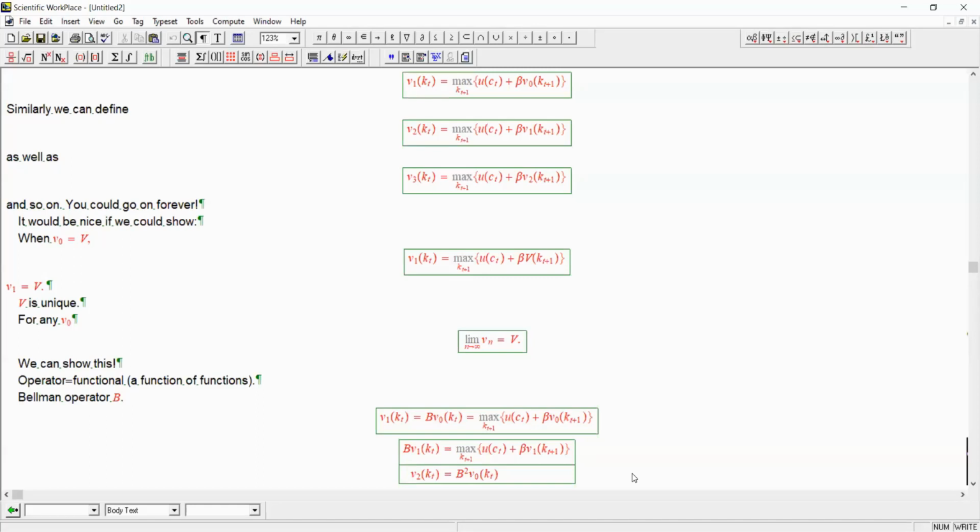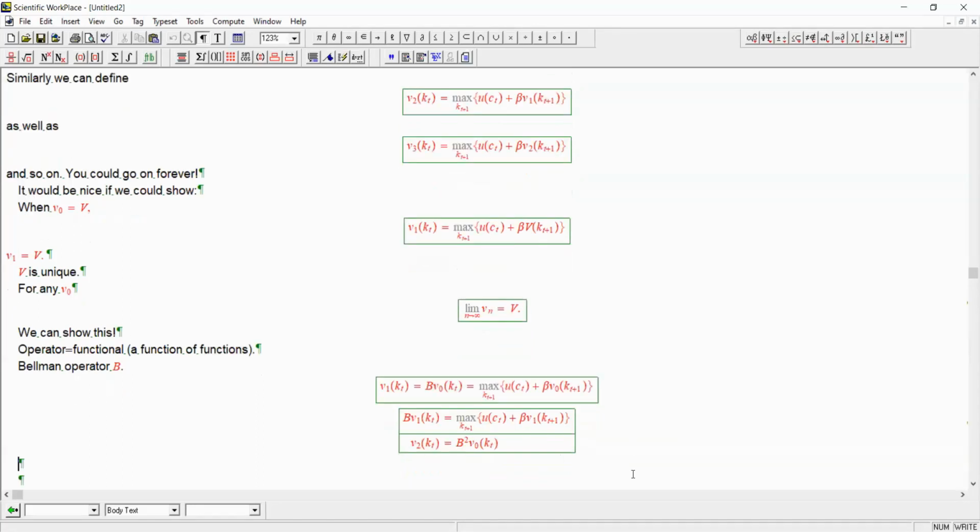This means that an alternative way of describing what we would like to find is the following, in terms of the Bellman operator.